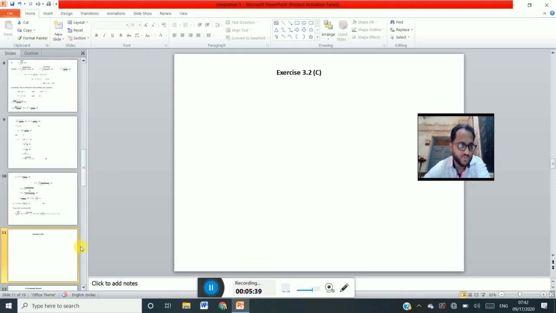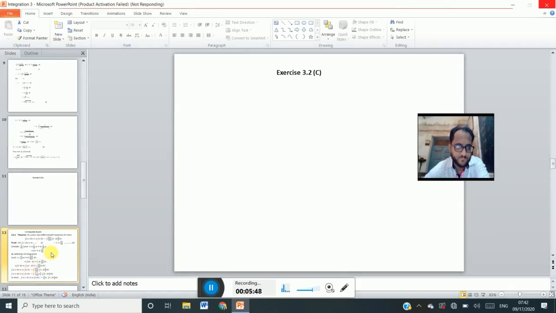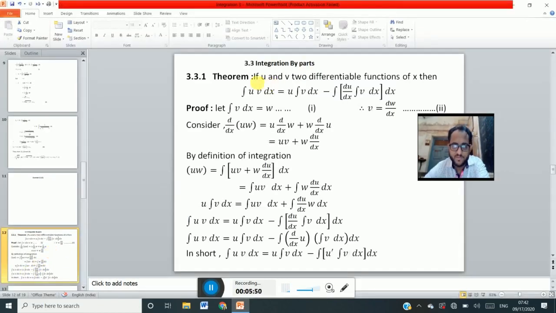Then in the next class we see the next step of integration, that is integration by parts, right? There is a theorem of the type integration by parts, so this we will take in the next class. Try to complete the examples of this type.